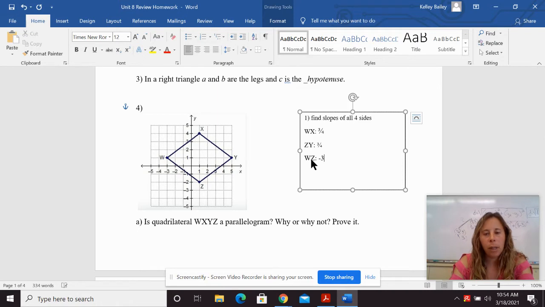So negative 3. We're going from 1 to negative 2. Yep. So we're going down 3, and we are going over 1, 2, 3, 4. Going over 4. Down 3, over 4.